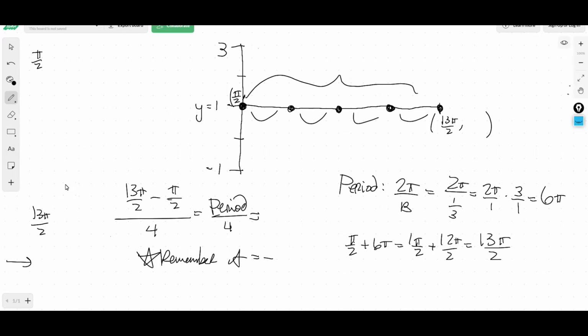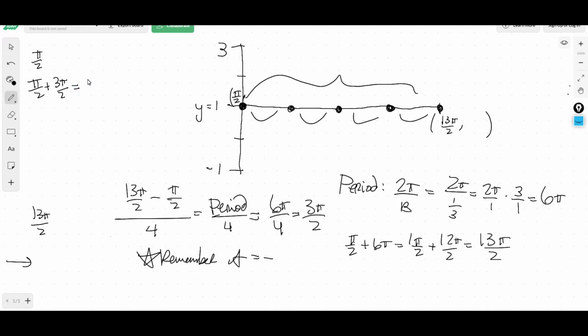I mean, it's going to be calculations no matter which way you do this. But anyways, we have 6 pi over 4, which will simplify to 3 pi over 2.